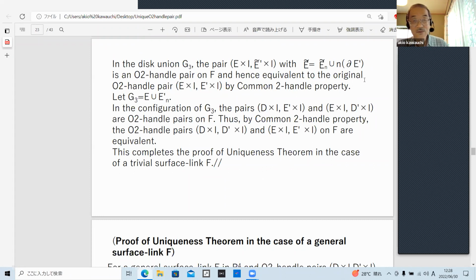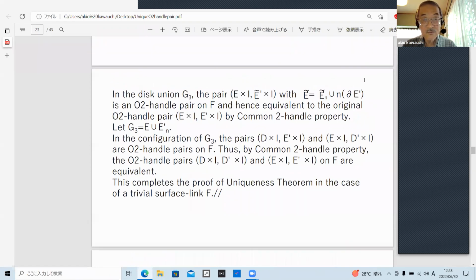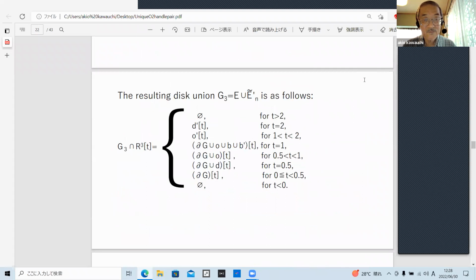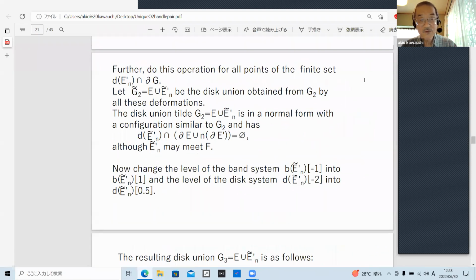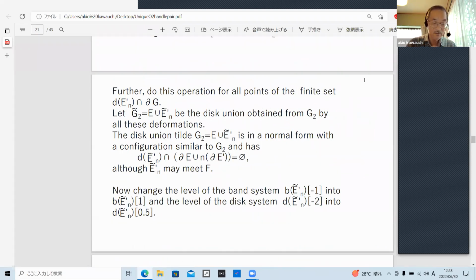So by the common two-handle property, D cross I, D dash cross I, and E cross I, E dash cross I on F are equivalent. The main point is that this deformation is okay.